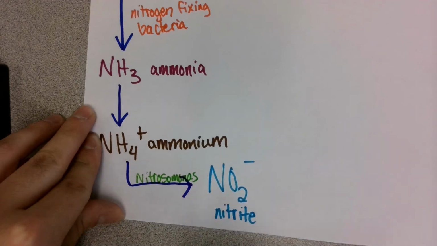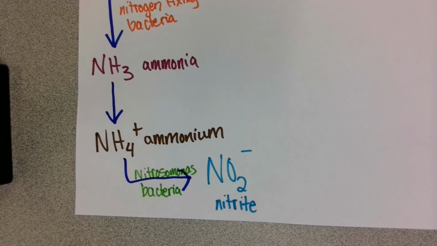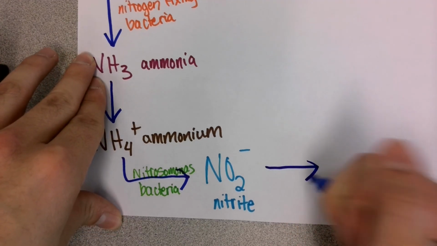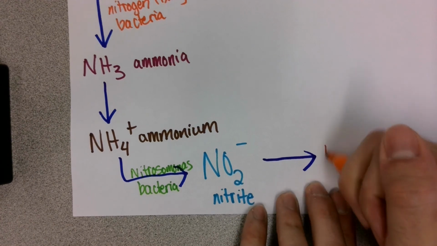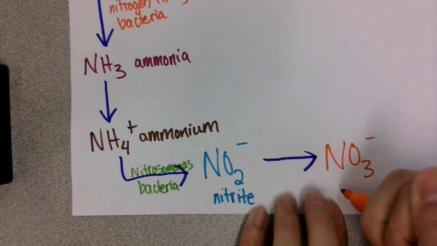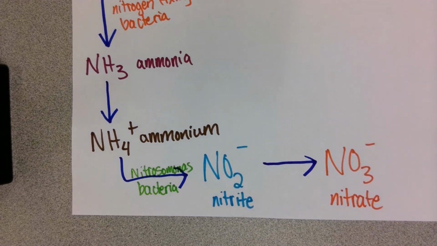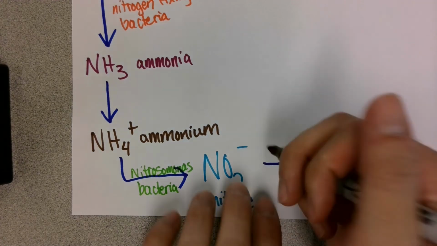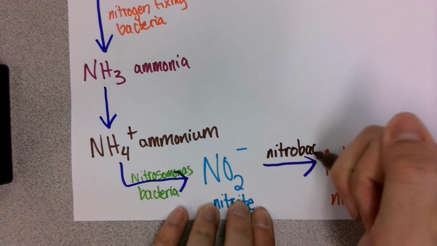After the nitrite is formed, it is then going to be turned into nitrate. So we've got NO2 getting turned into NO3, which is nitrate, and this is going to be done by the Nitrobacter bacteria.